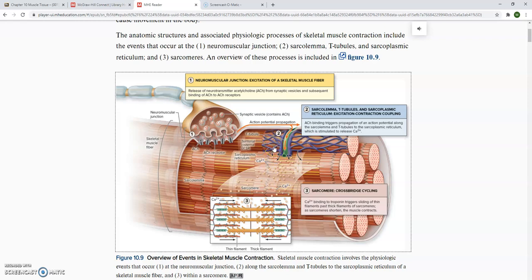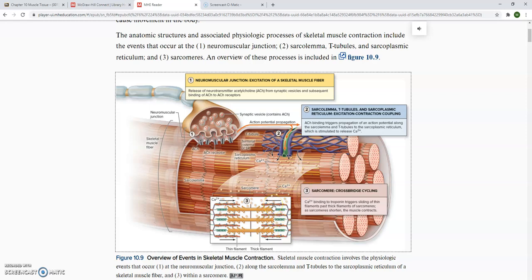If we don't have that action potential signal for contraction, then we don't want any calcium floating around in here. So it'll all get pumped back into the sarcoplasmic reticulum through the calcium pumps. And remember, since that's an active transport, it requires energy, and it's primary active transport, so it does require an ATP molecule.